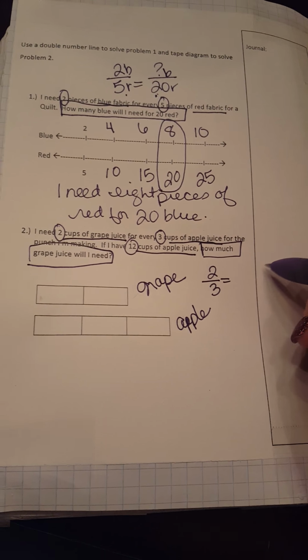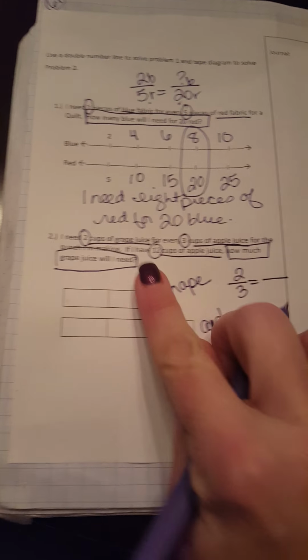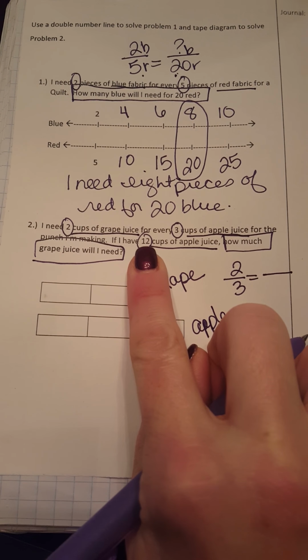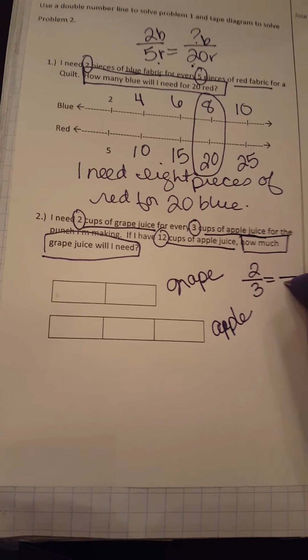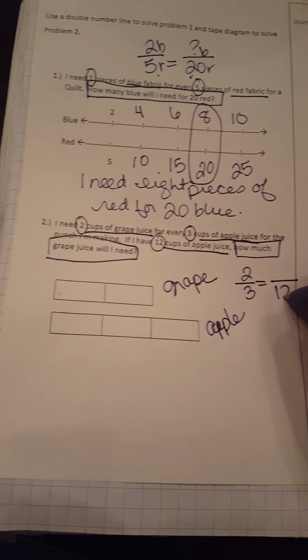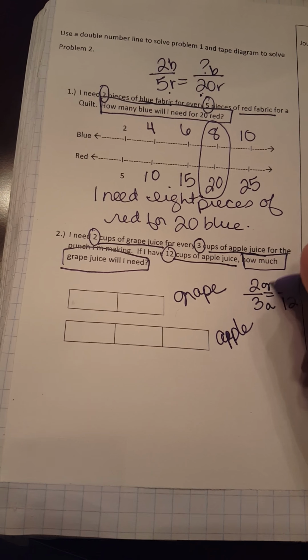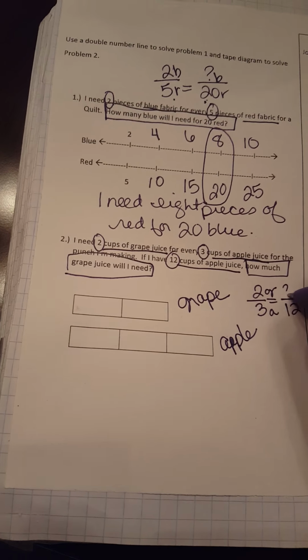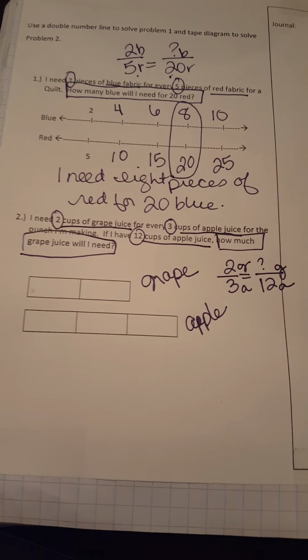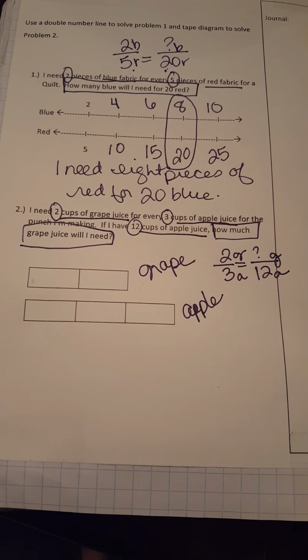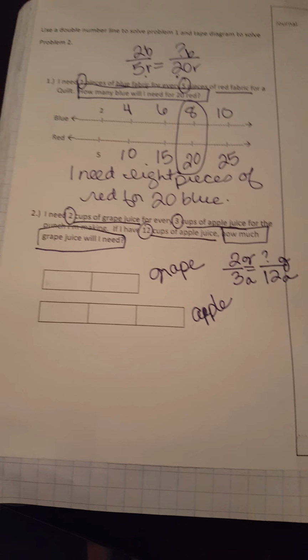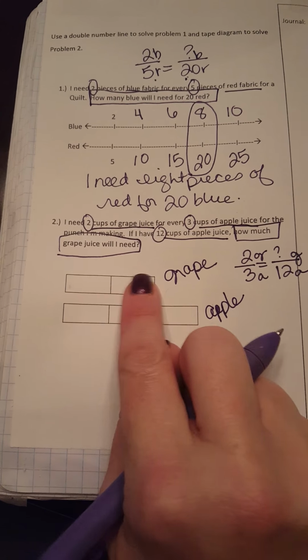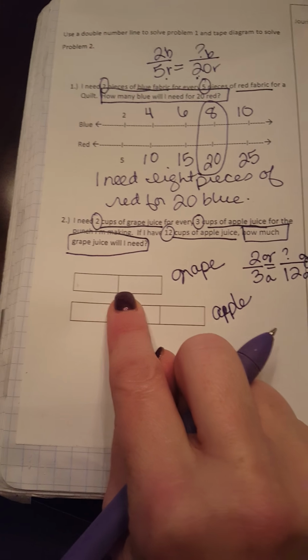It says 12 cups. So we're going to do, we have 12. So this is apple, this is grape, this is grape, we don't know it, this is apple. So this is the proportion we're trying to solve. Okay, now I have 2 portions of grape, but I don't know how much is in each portion.